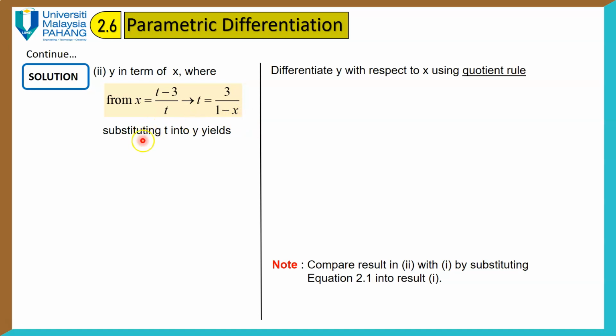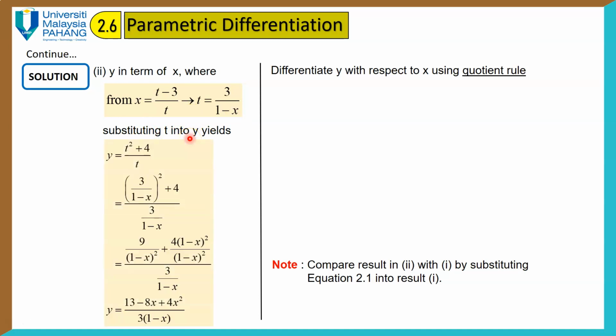Then you substitute the t value in terms of x into your y. Previously y equal to t squared plus 4 over t, so now we substitute t with this new equation here, and you will have this.